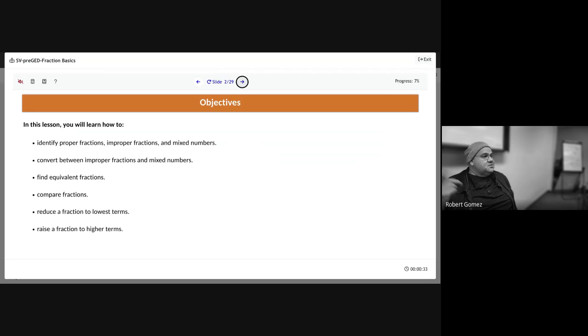Reduce a fraction to lowest terms, right? All this stuff right here is what you need to do before you start adding and subtracting these things. So this is a really super important lesson to make sure that you got all this stuff.